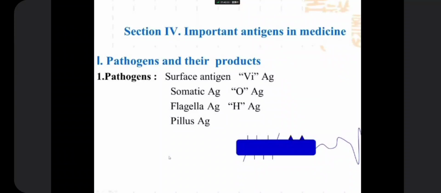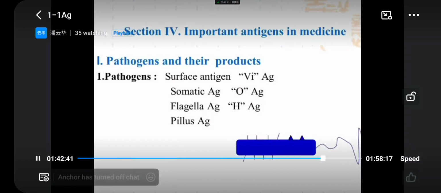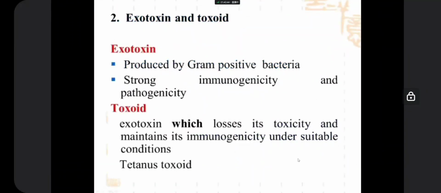The other best antigens come from the products of the pathogens, for example exotoxin and toxoid.